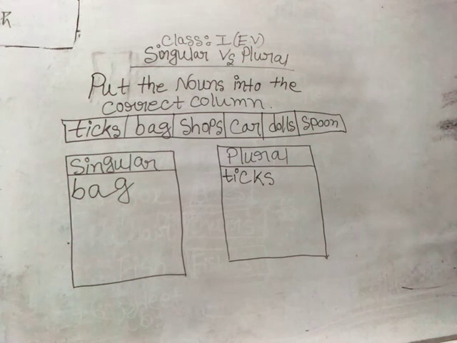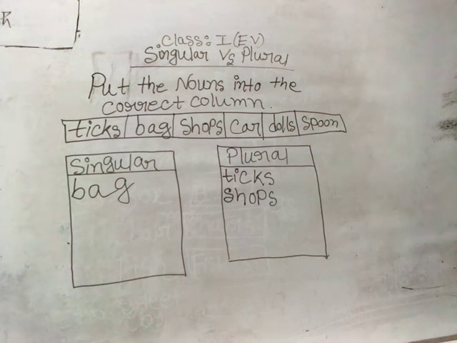But if you are not having any S after the word, that means you can put it in the singular column. As here in the word shops, we can see an extra S. So we need to place it in the column named plural. So please place shops into the plural column.